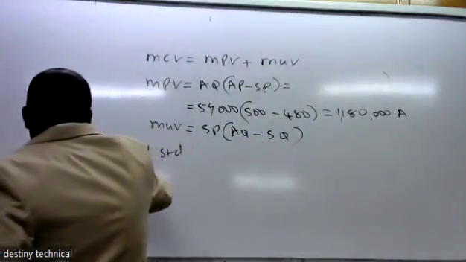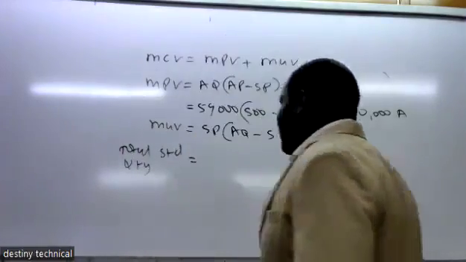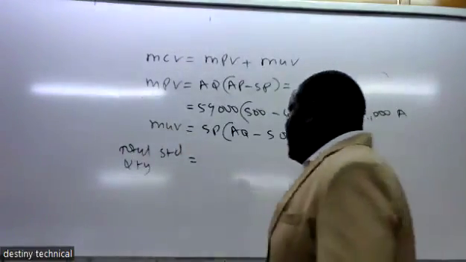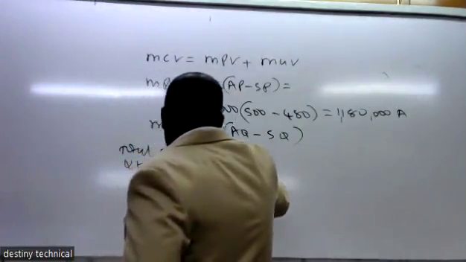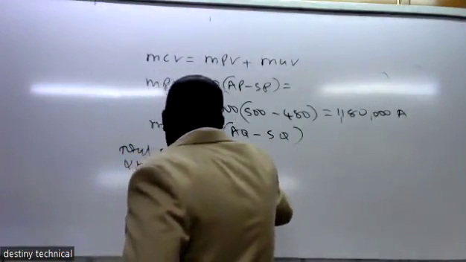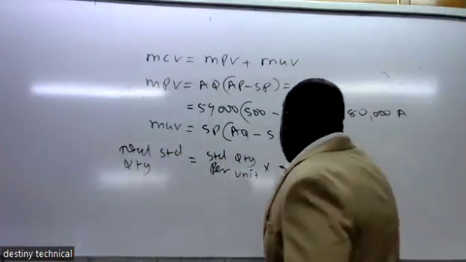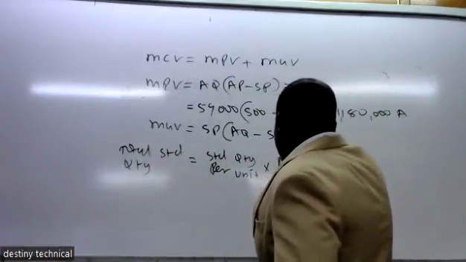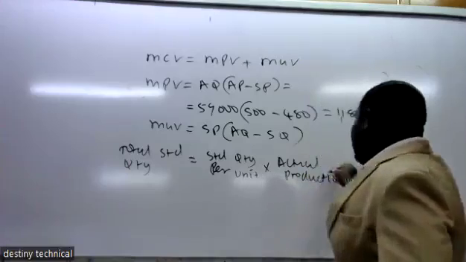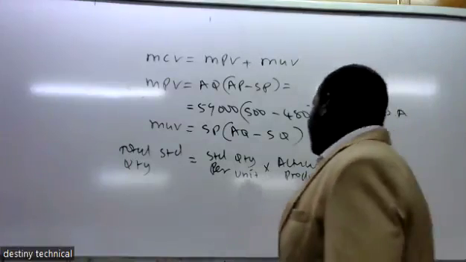The total standard quantity is the standard quantity per unit multiplied by the actual output or actual production.